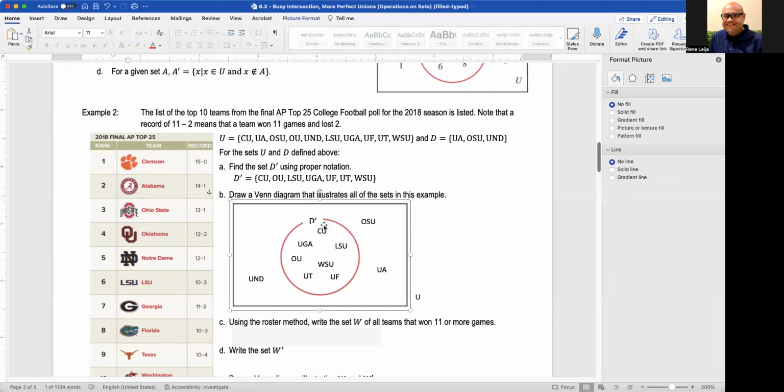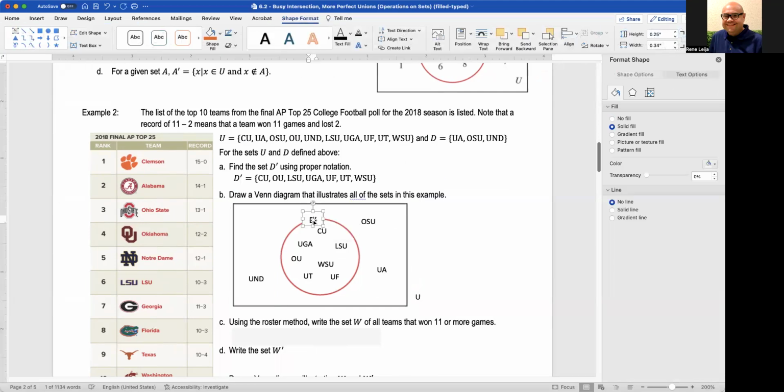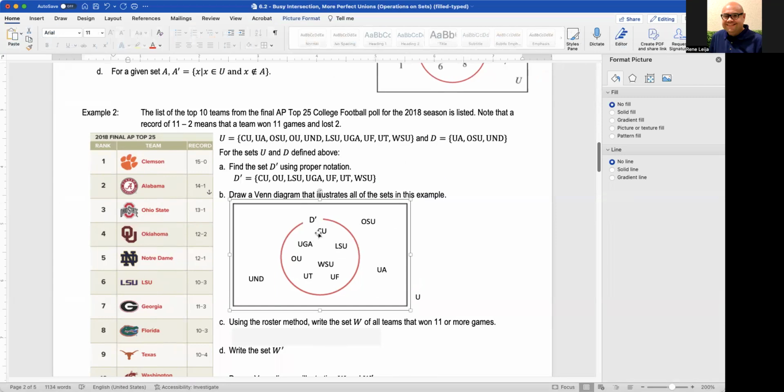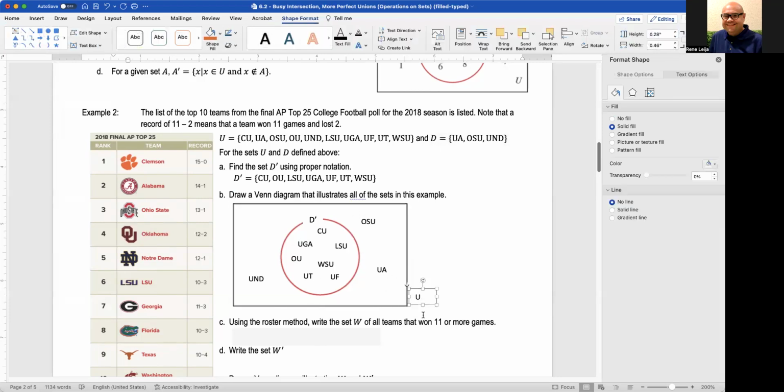Okay. Now it's fixed. Okay, so we have D prime are all of these colleges and universities. These are the 3 colleges that are in set D. Here they are. Okay. And then notice that they're all still within our universal set.